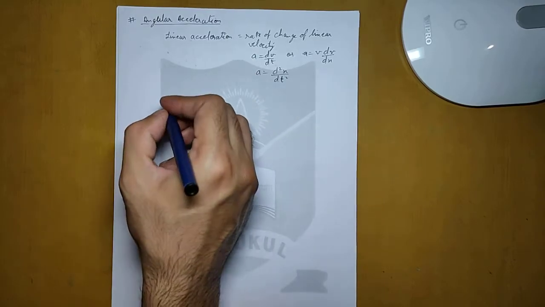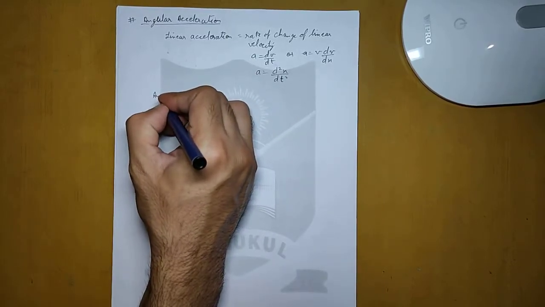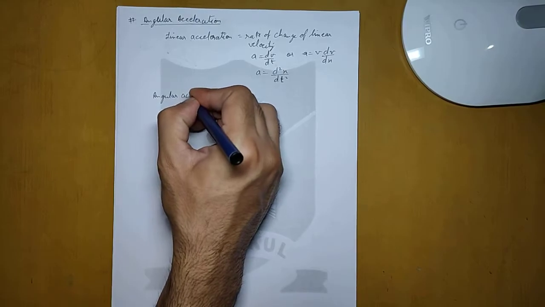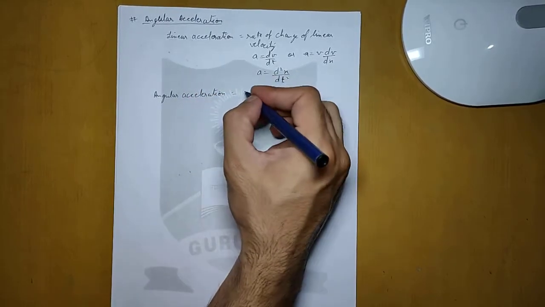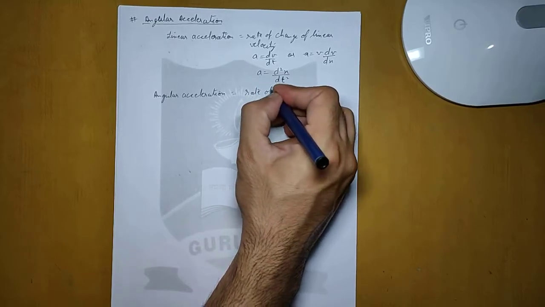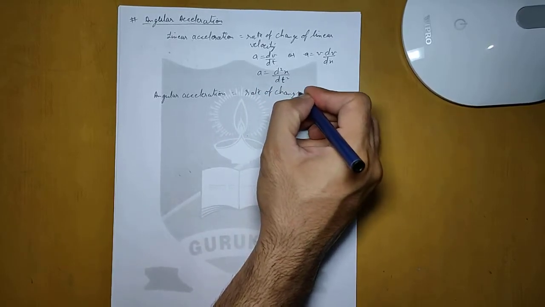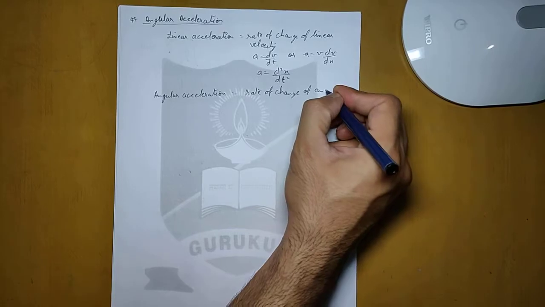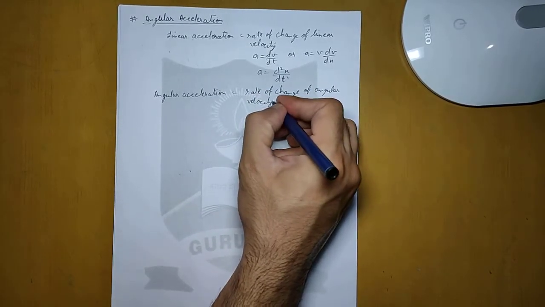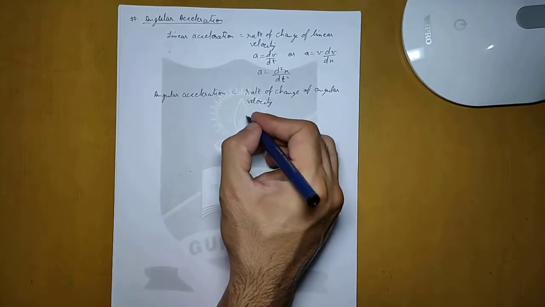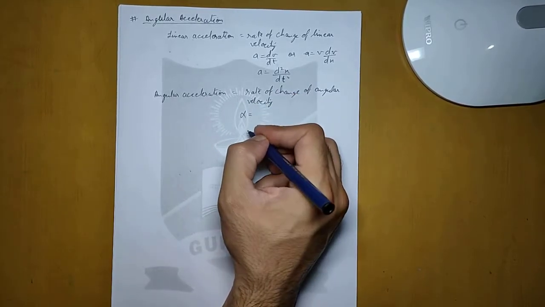Similarly, there will be angular acceleration in a circular motion, and this angular acceleration will be the rate of change of angular velocity. This we denote by the symbol alpha.